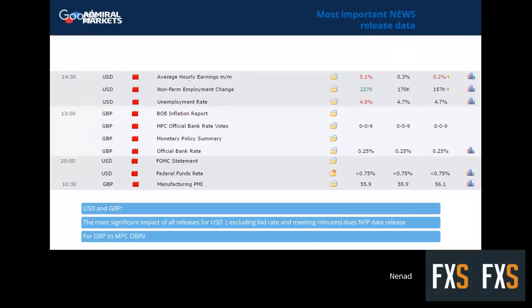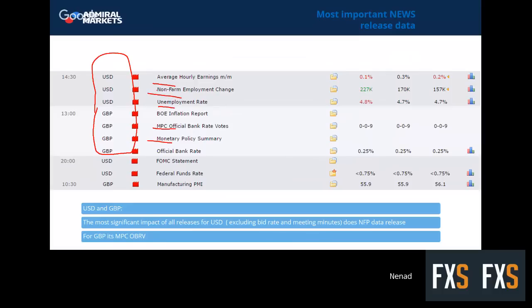Average hourly earnings, non-farm employment change, or so-called NFP, unemployment rate, BOE inflation report. Okay, this is for GBP, but don't forget that this is connected, guys. Dollar and GBP will always move on these news announcements.